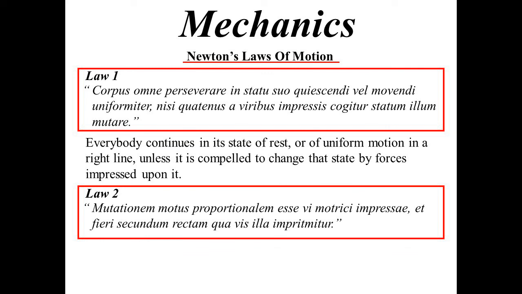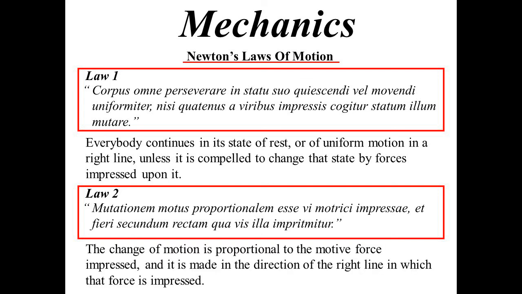Law 2 is the very famous one, mutationem motus proportionum. Basically, it's this. The change of motion is proportional to the motive force impressed and is made in the direction of the right line in which that force is impressed. Motive force is proportional to change in motion. Well, that means force is proportional to acceleration.